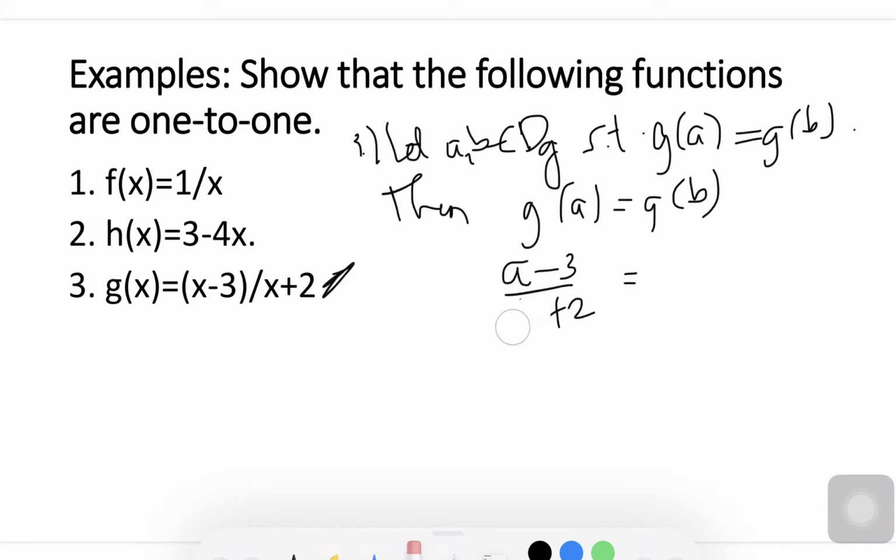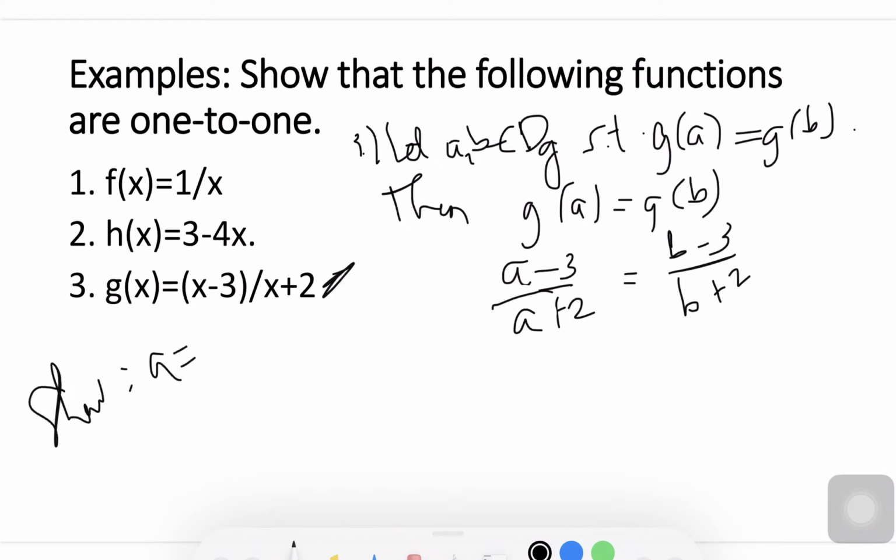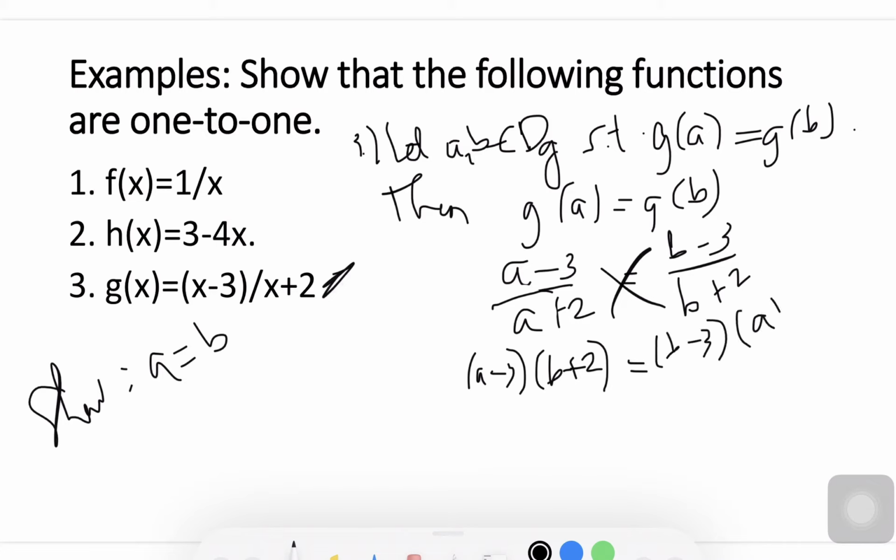The other one is b minus 3 over b plus 2. So again, we show that a equals b. By cross multiplication, we have a minus 3 times b plus 2 is equal to b minus 3 times a plus 2.